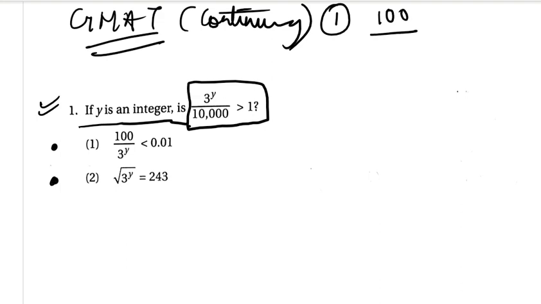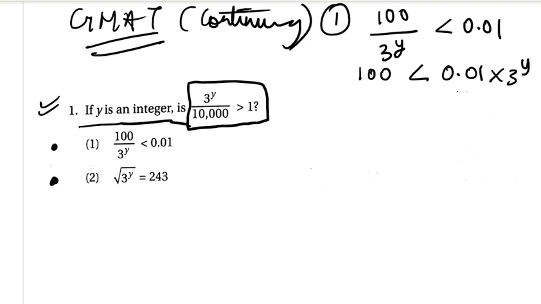It's given 100 by 3 to the power y is less than 0.01. So if you multiply it by 3 to the power y, you're going to get 100 less than 0.01 into 3 to the power y.